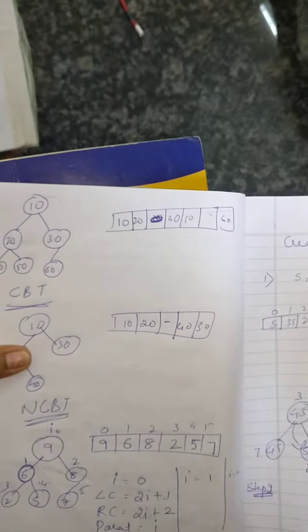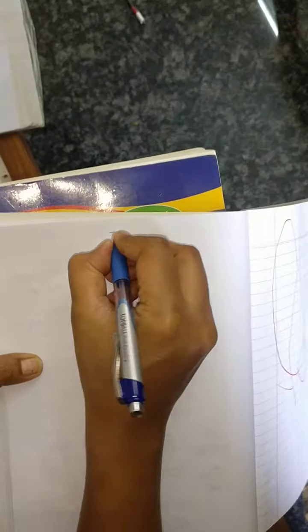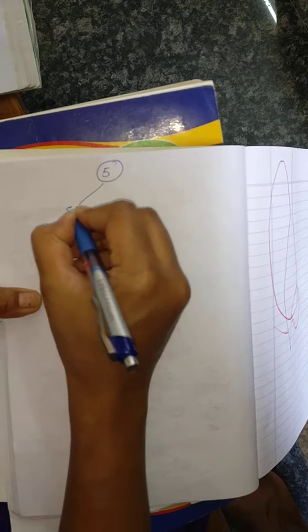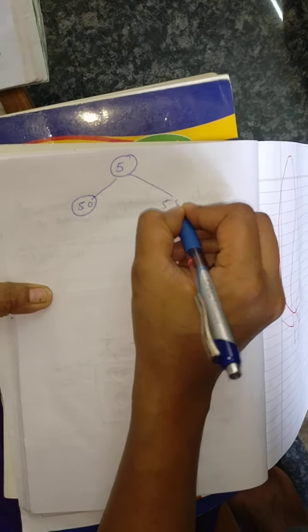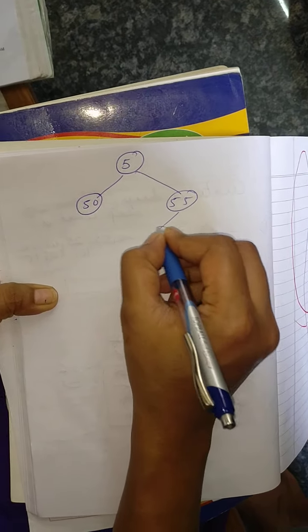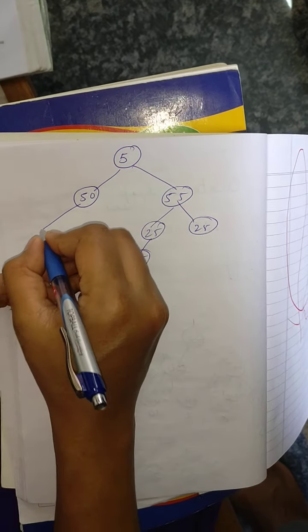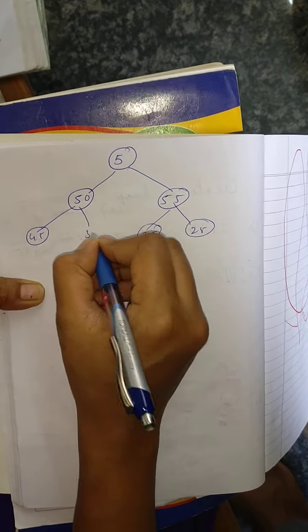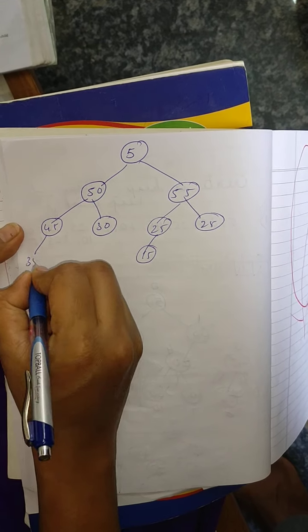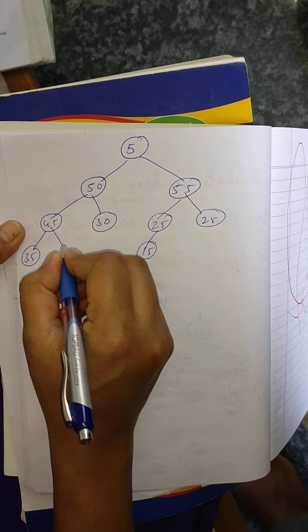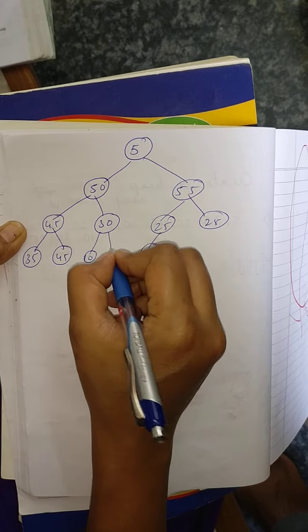Please see to it that at the last swapping you will be getting like this: 5, 50, 55, this is 25, 15, 25, then 50, 45, 30, 35, 45, 10 and 20.